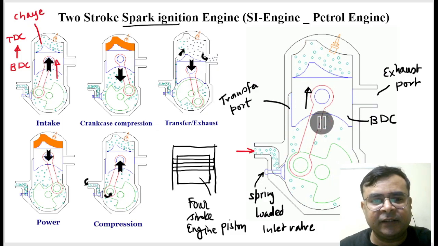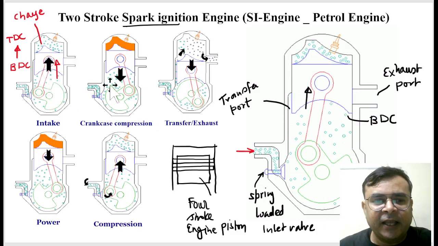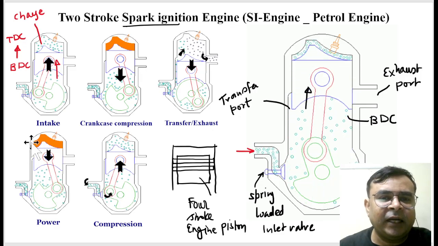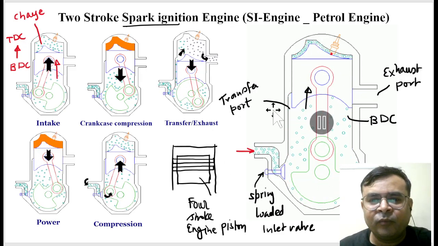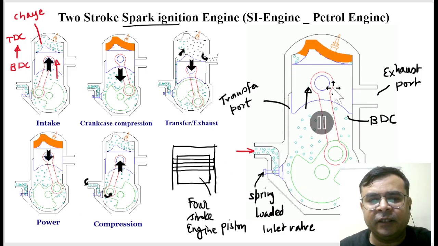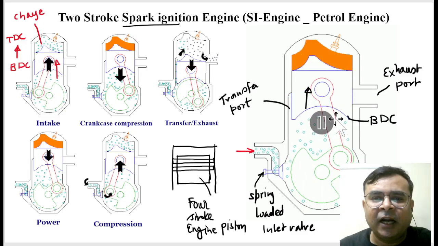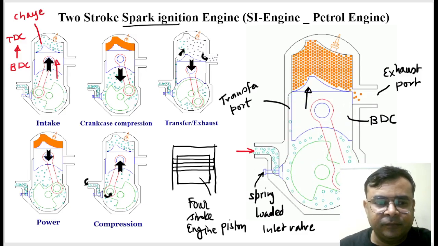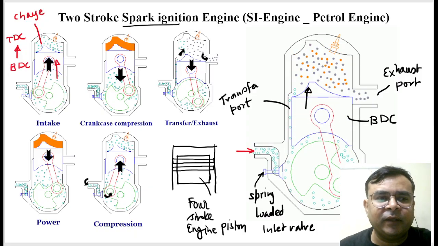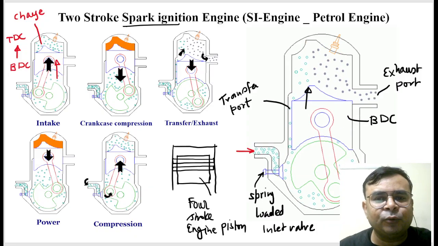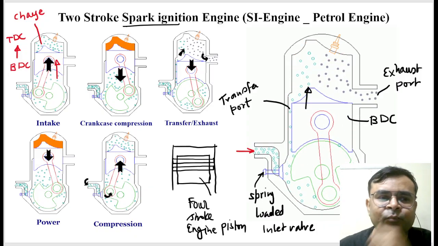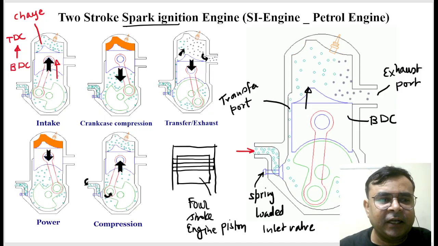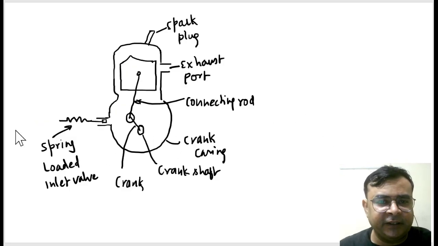So I hope you understand what a two-stroke engine is, and you can see this figure at a different location. Yes or no? And with this animated video, you can understand how a two-stroke engine works. Okay, so I hope you understand why we need to develop the two-stroke engine, how it works, and how to construct it in your exam.